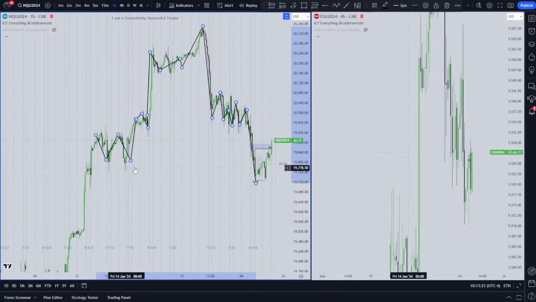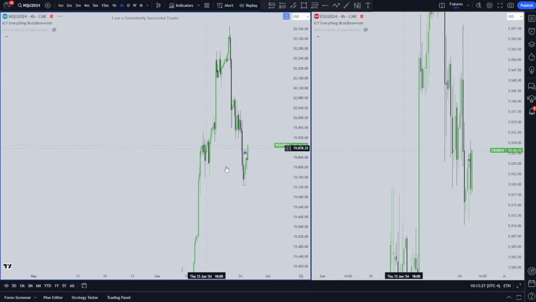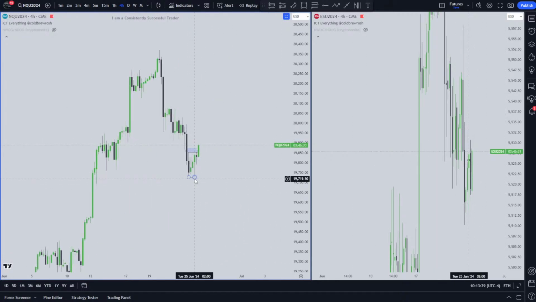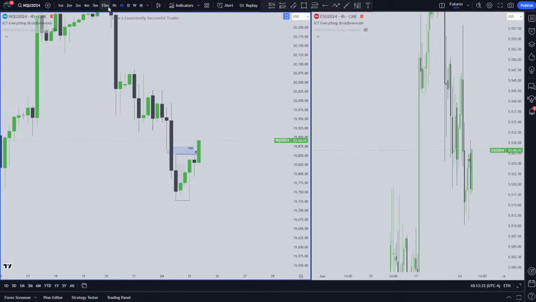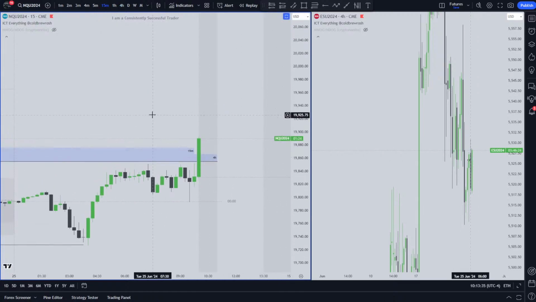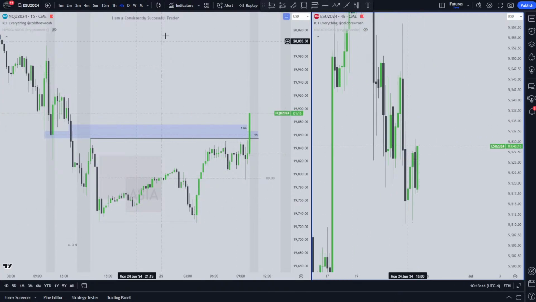Like that might be the end of that market maker model to then trade higher. What is it giving us? It's giving us a 4 hour SMT, but the SMT is only really important when it happens at a specific time, and it happened exactly at London. So I don't know.